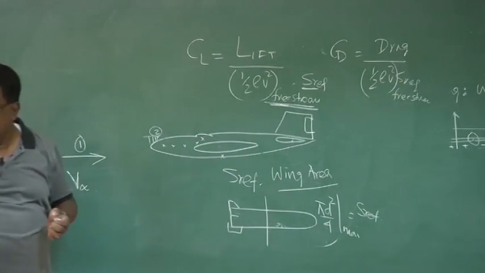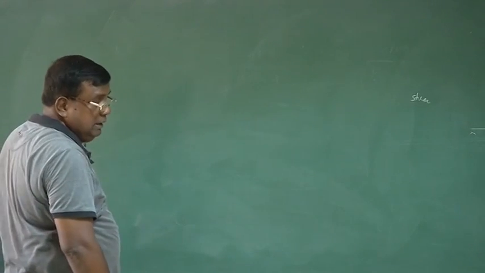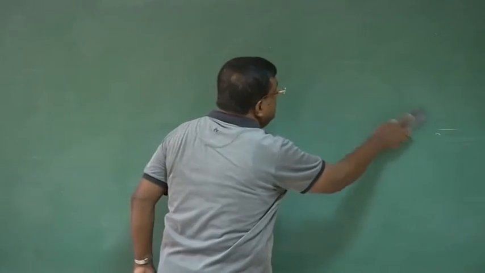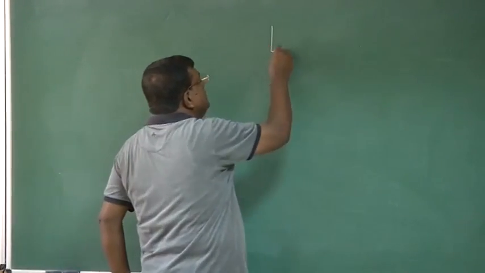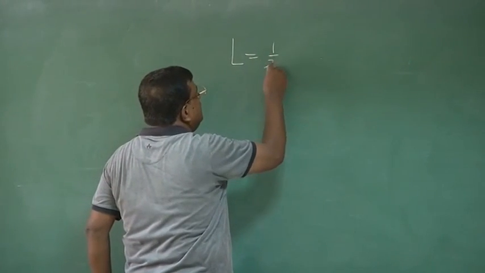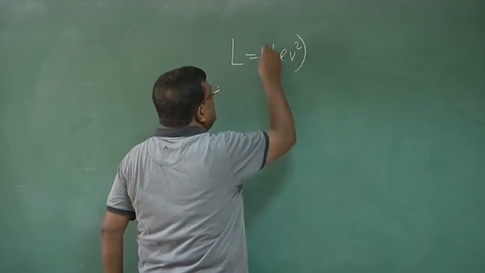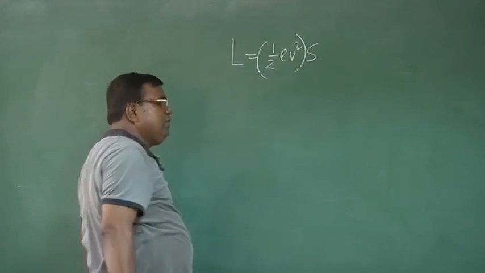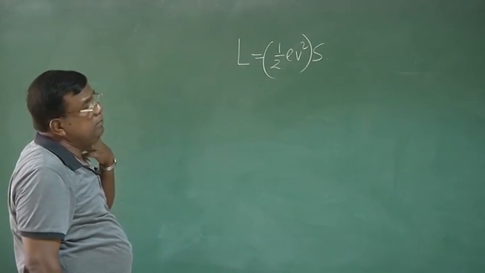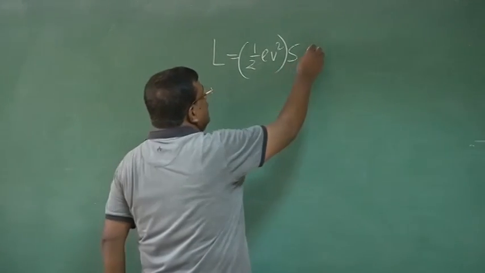So what we have very quickly learned is that when I try to model lift, I will model it like this: half rho v square S, where S means S wing, V means free stream, half rho v square is free stream dynamic pressure, into CL.